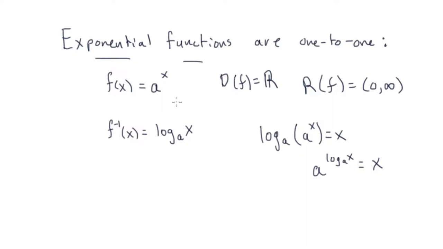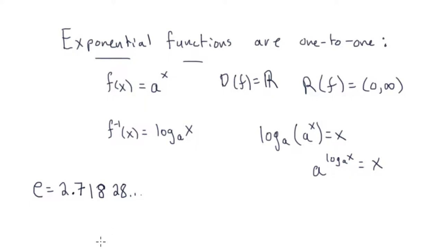Now this is a great time to mention a very special base. That base is e. And e is just a number. It's 2.7, I'll give you a few of the digits, 2.71828, etc. There are infinitely more digits.